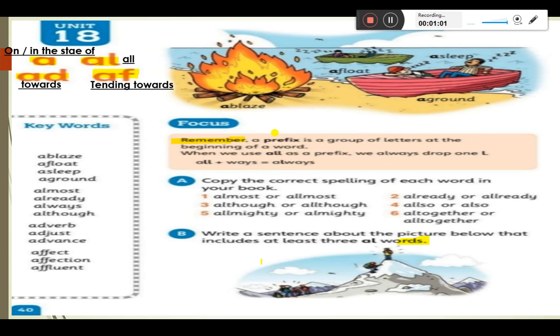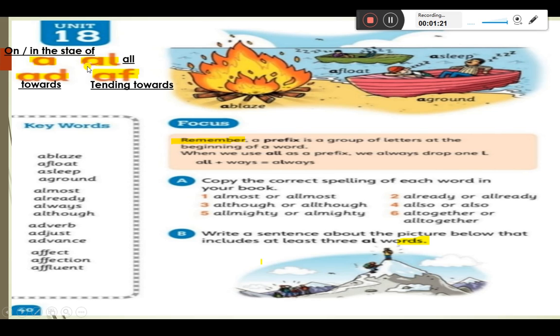So here in Unit 18, we are going to study 4 different new prefixes. The first one is a at the beginning of the word. Okay, what do we mean by a? It means on or in the state of.